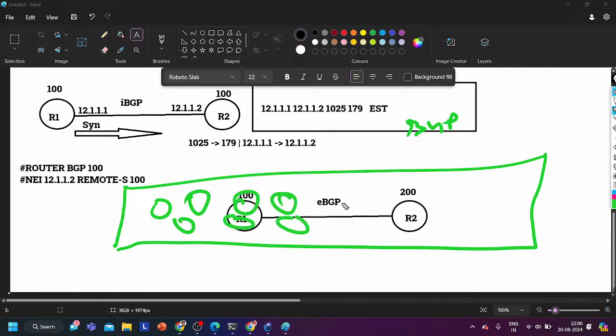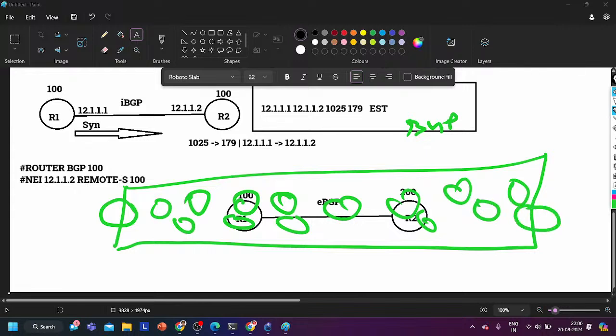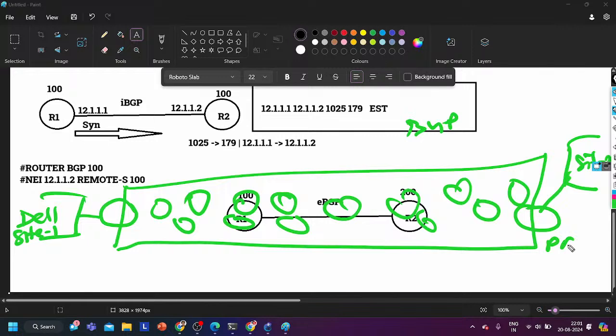Lots of routers are there. This is one PE router, this is another PE router. Here is one customer, let's say the customer is Dell. Dell side 1, this is Dell side 2. Both sides of Dell are connected with PE routers.